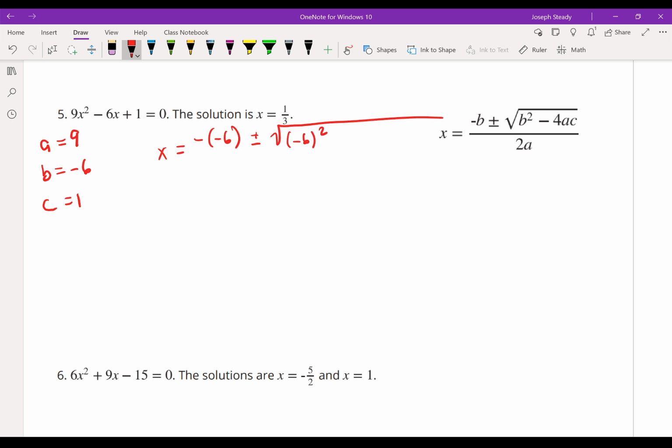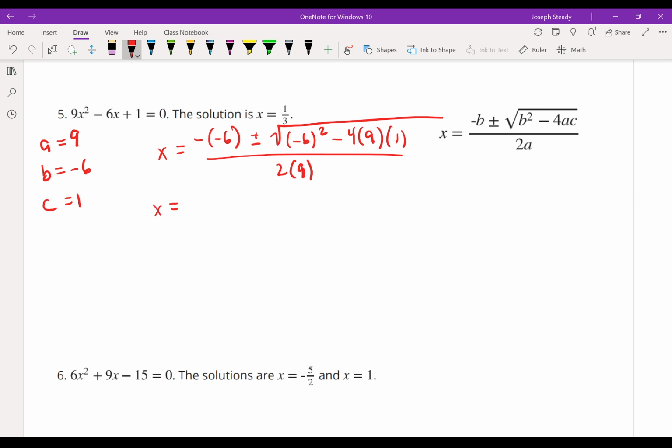Negative 6 squared, you need the parentheses around the negative 6. Minus 4 times a, which is 9, times c, which is 1, all divided by 2 times a, which is 2 times 9. Again, first step, I'm just filling in all the blanks. That's all I'm doing. Then we start simplifying.